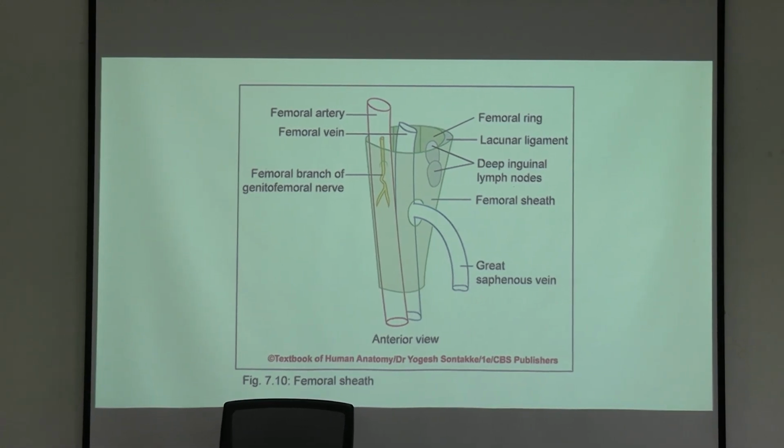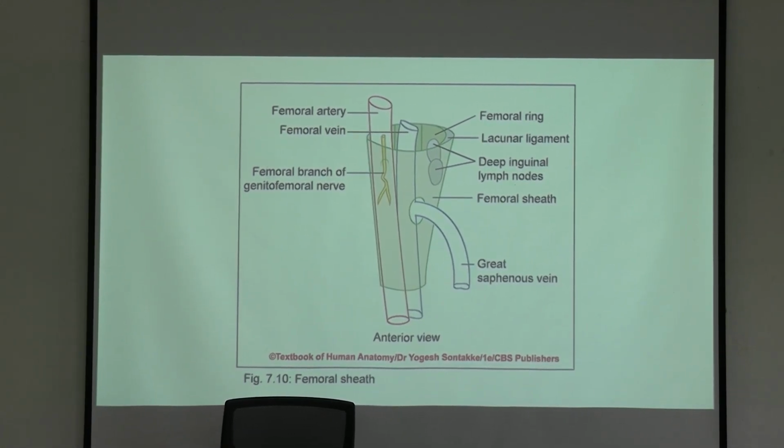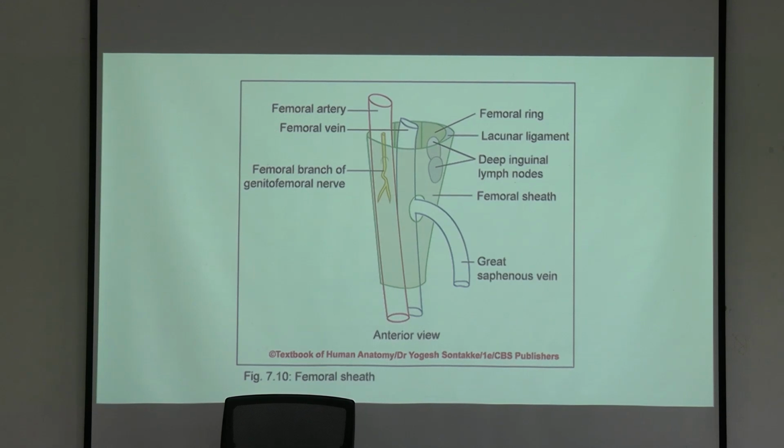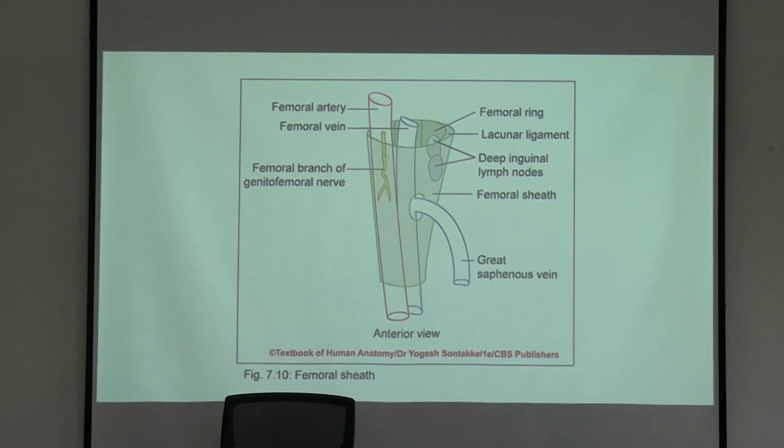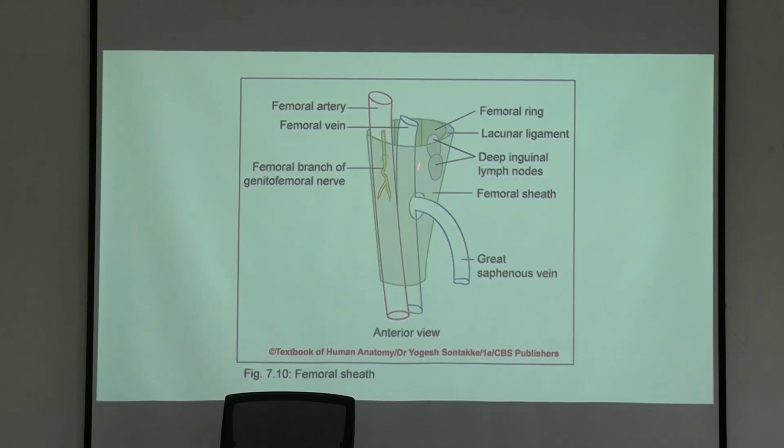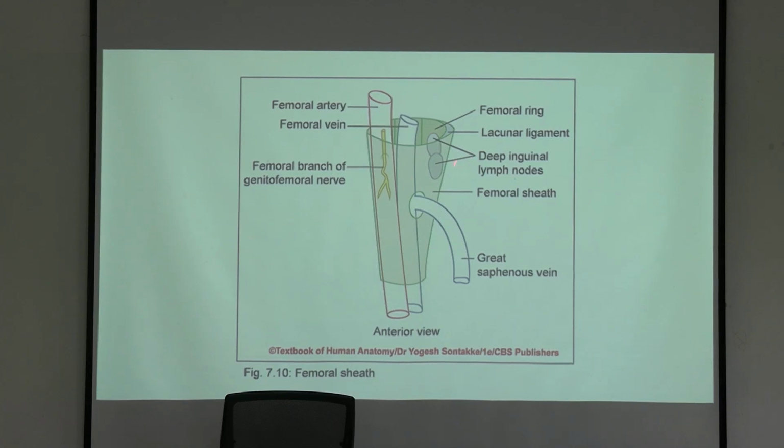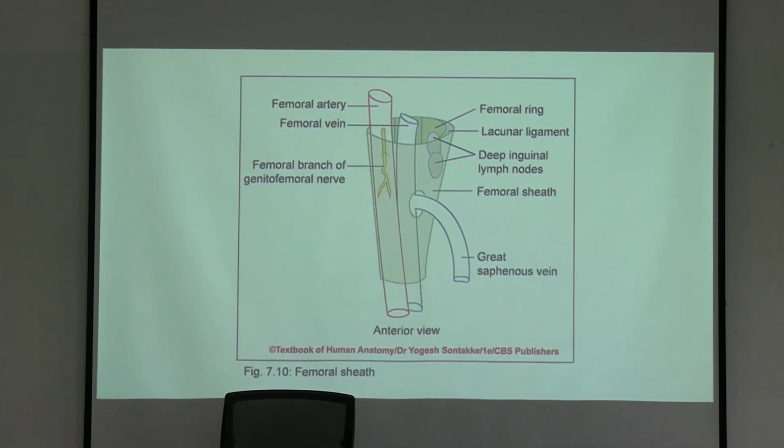Femoral ring, femoral septum, femoral fossa, femoral canal. Femoral canal contains, we can see, some deep inguinal group of lymph nodes. There are T-shaped inguinal lymph nodes. Okay, the superficial ones are T-shaped.